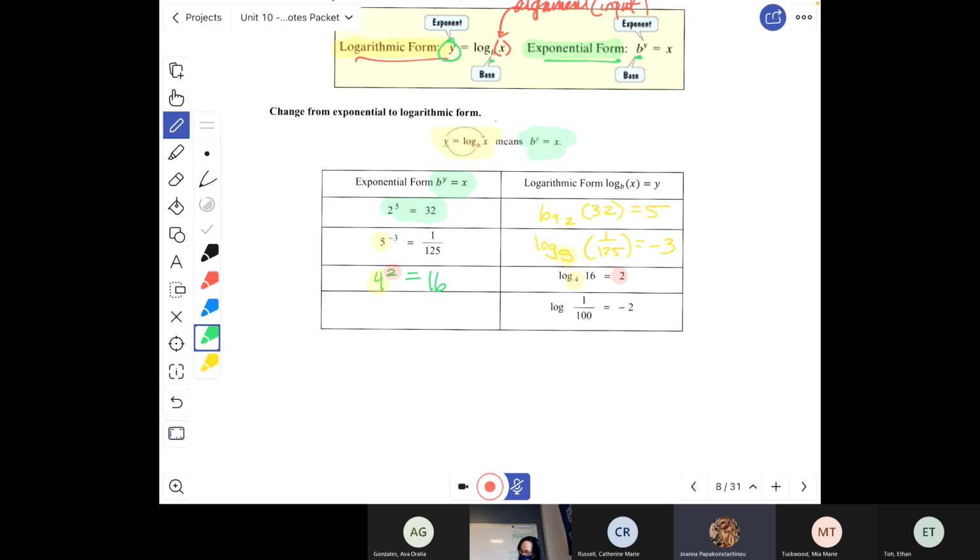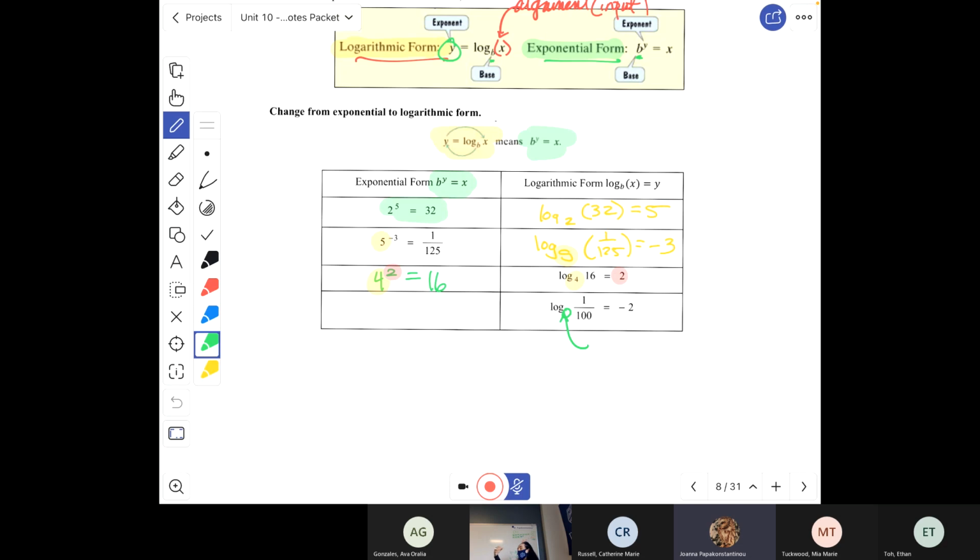Ooh, I don't see a base here. What happens if I don't see a base here? If you don't see a base there, it is base 10. We live in the world of base 10. So if you do not see a base written there, just like with square roots, if you don't see a root index, we know it to be 2.